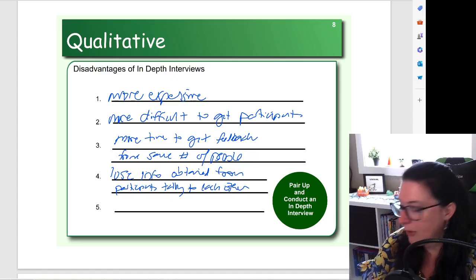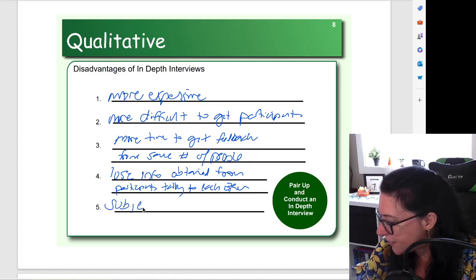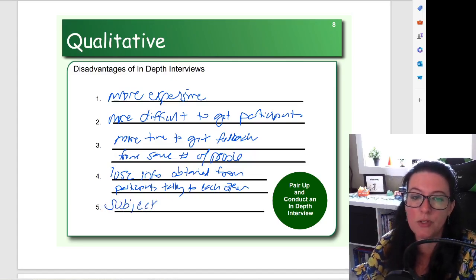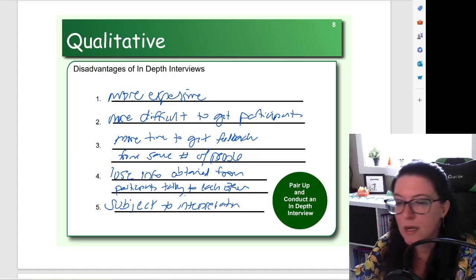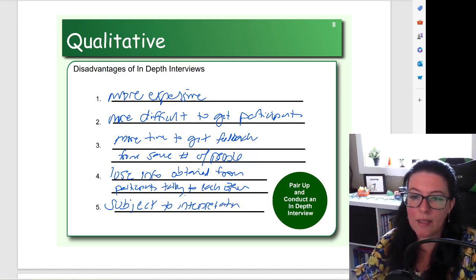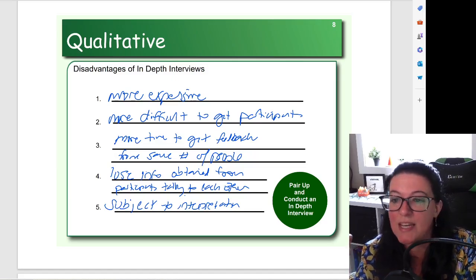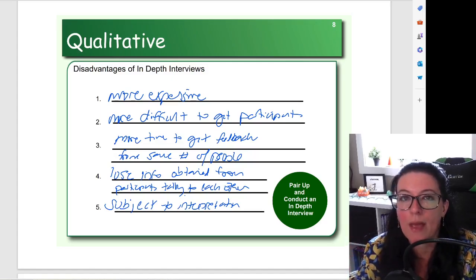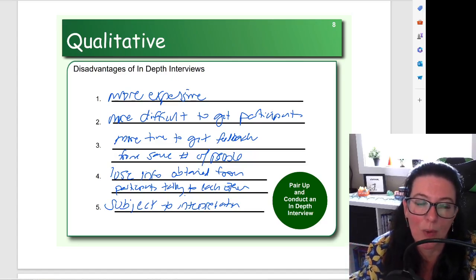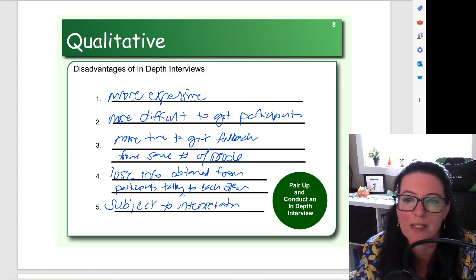And then the other challenge we have is that the results, the analysis, is going to have a lot of subjectivity to it. We talked about the impact of the interviewer on the interview itself in terms of how the researcher is being perceived, as well as that rapport they build. That means how that will impact how reluctant the participant is to provide information and what direction they go in the discussion.